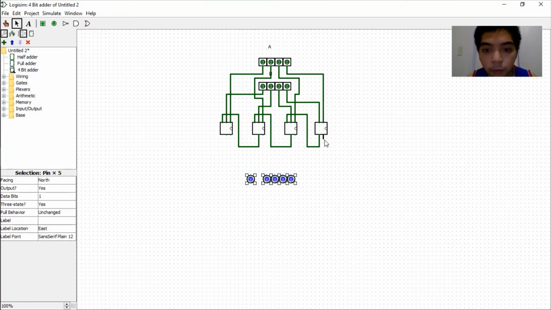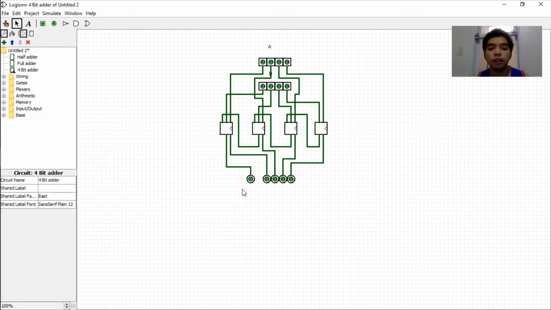So this is for the output: the first bit, the third bit, the fourth bit, and this will indicate the carry if there is a carry.